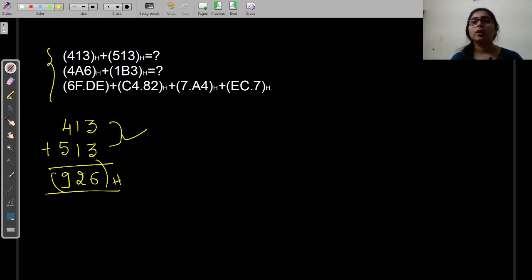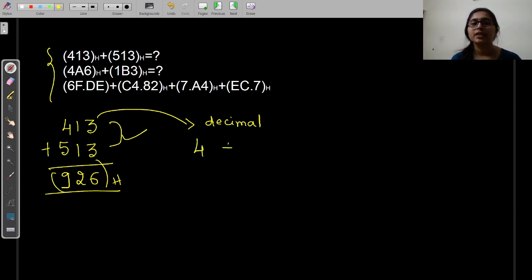Or else you can use another approach: convert the numbers to decimal, add them to get a decimal number, and convert that decimal back to hexadecimal. You know how to convert hexadecimal to decimal: you multiply by the weights.